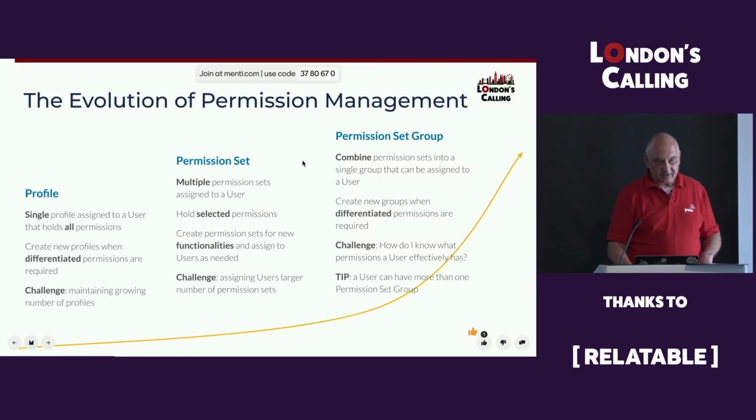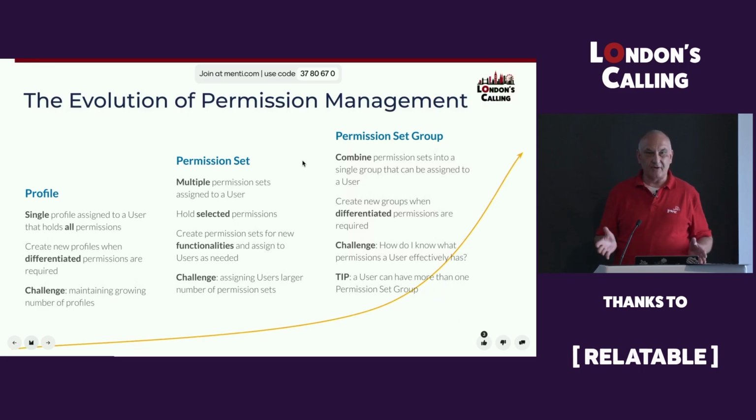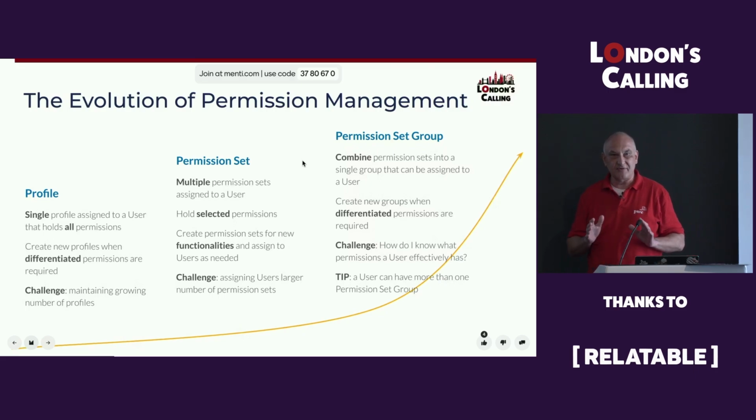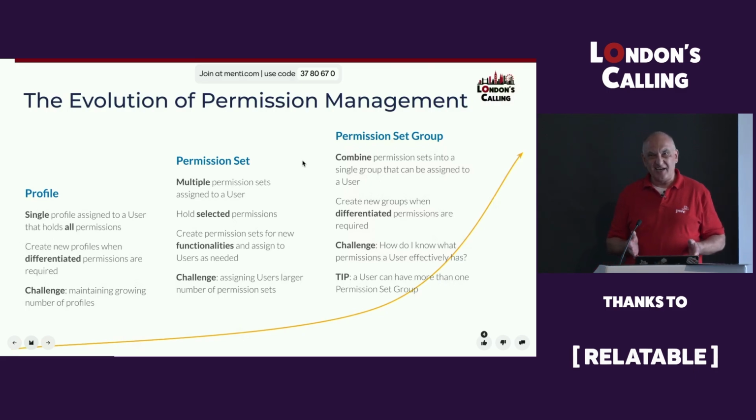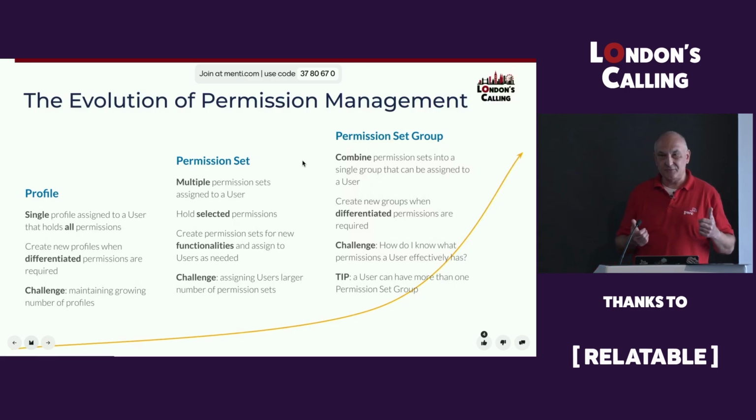And with the object level access, there was an evolution with Salesforce. At first, everything was defined on profile. So all the permissions to perform certain actions, object permissions, field permissions, everything was defined on a profile. And maybe it was good at that time, but it's very inflexible, because you can have a single profile assigned to a user.